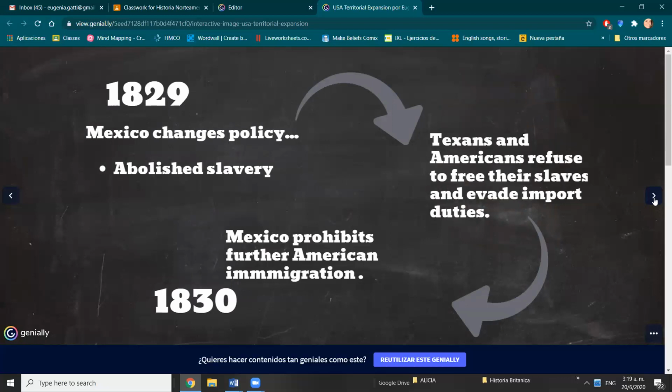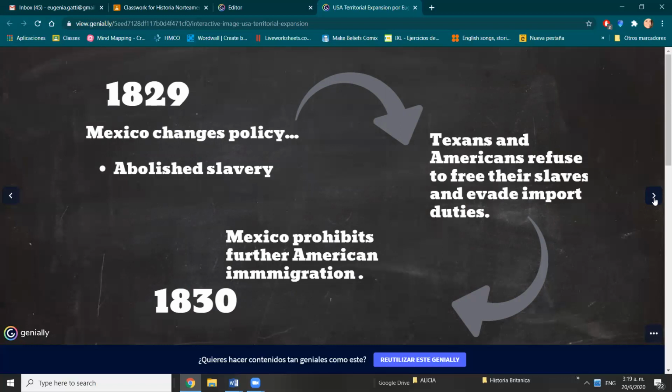By the end of the decade, Texas is, as I said, becoming very prosperous, and Texans are becoming too powerful for the taste of the central government in Mexico.